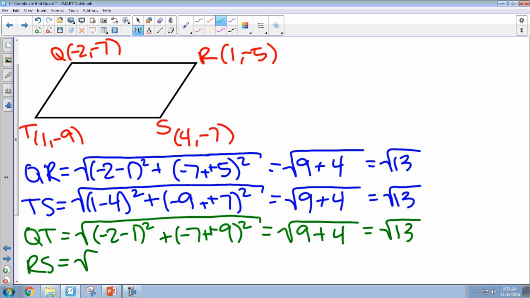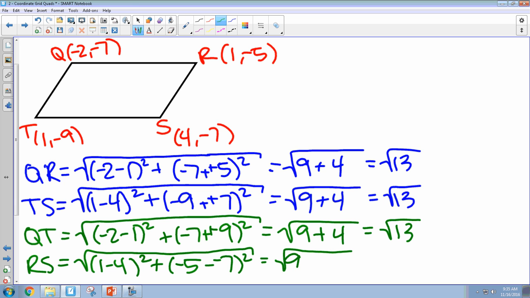So we're going to go to RS. (1 minus 4) squared plus (-5 minus -7) squared. 1 minus 4 is another 3, squared is 9. -5 minus -7 squared is 4, which gives you square root of 13.